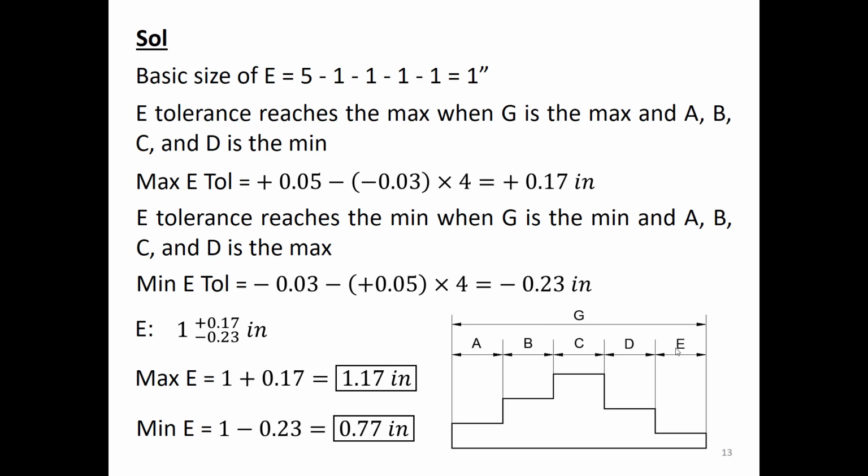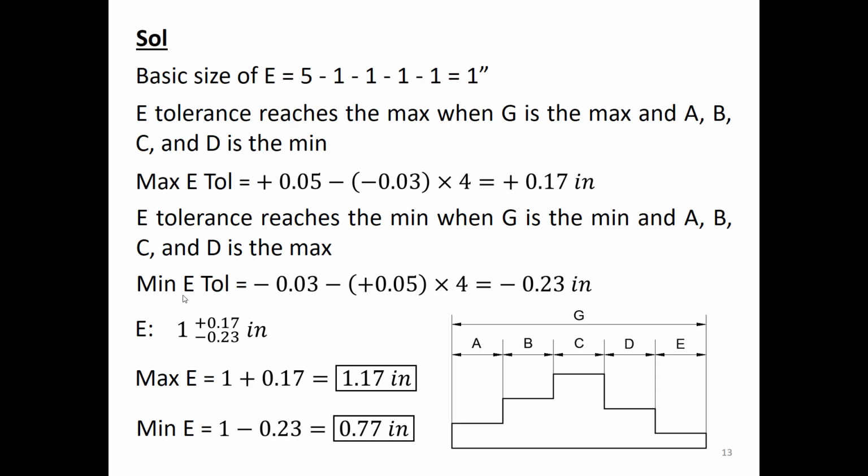So once again, the maximum size of E is going to be when G is the max, which is the upper tolerance of G, and subtract the lower tolerance of A, B, C, D. So each one is minus 0.03, and you have 4 of them. So this is the maximum tolerance of E.